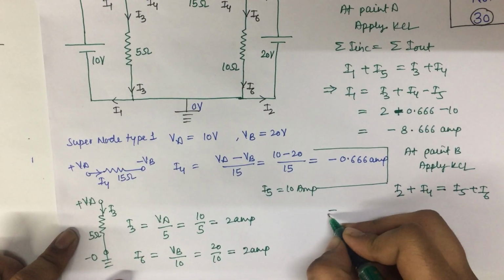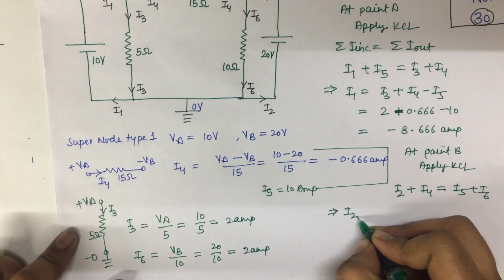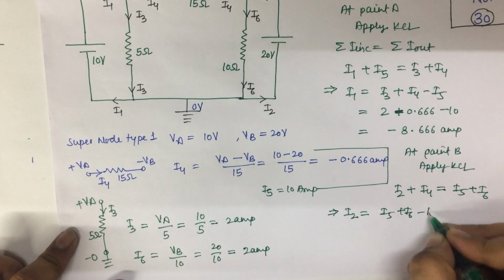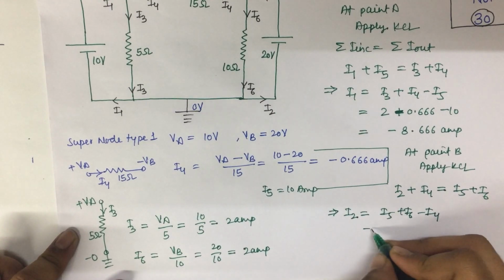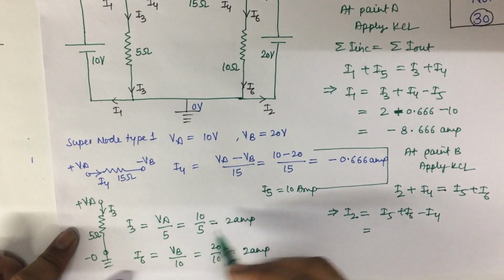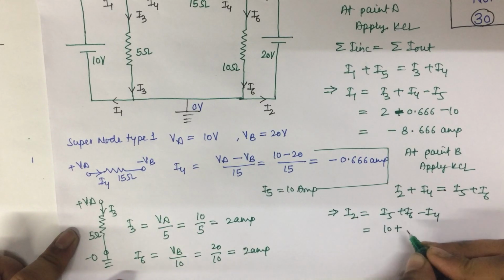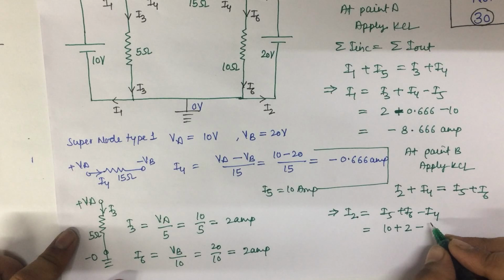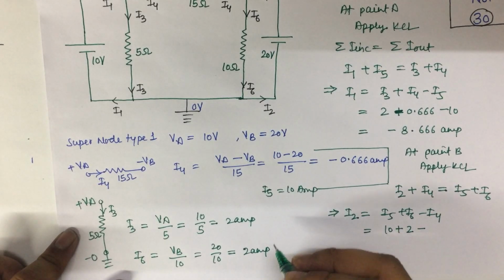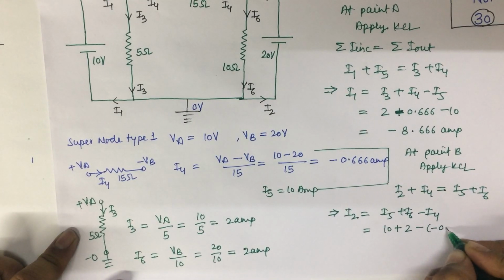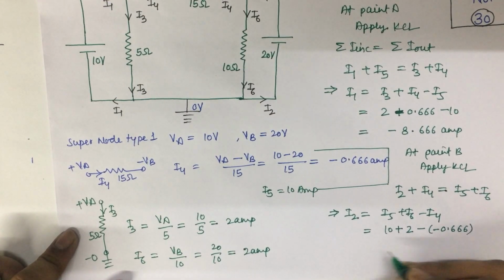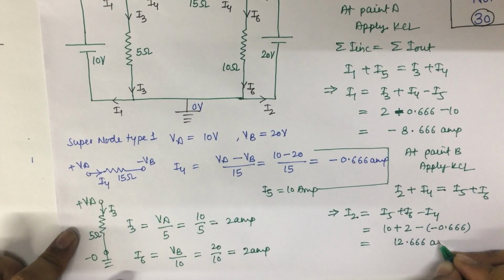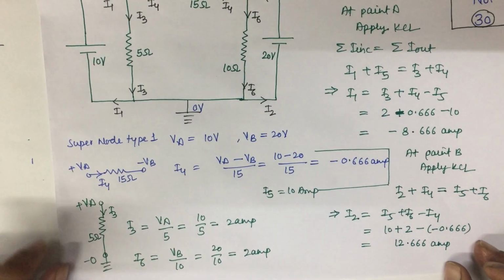So I2 is equal to I5 plus I6 minus I4. What is the value of I5? 10. I6 is 2. And I4 is minus 0.666. So it is 12.666 ampere. In this way we find out I1 and I2.